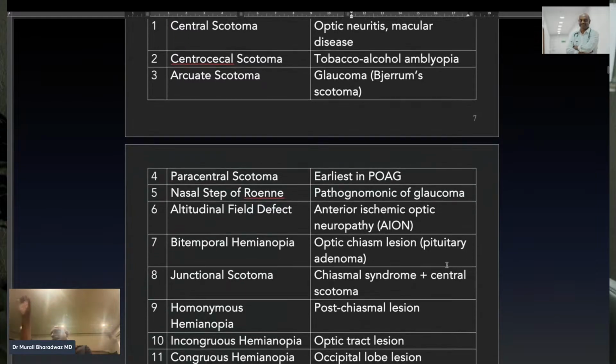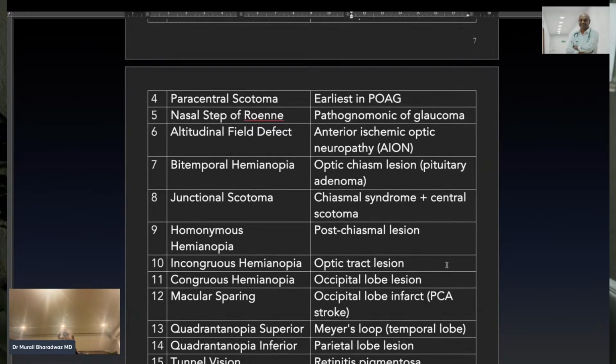Then arcuate scotoma is typically seen in glaucoma, and it is the expansion of the Seidel scotoma. The earliest in POAG is paracentral. But what is pathognomonic of glaucoma? Nasal step. It is the nasal step, not the earliest.